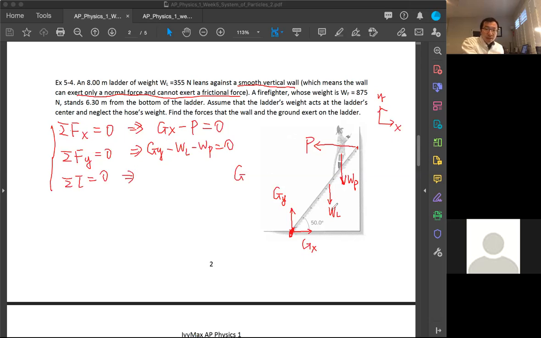So first is the torque generated by WL. So we need to use that distance. I'll say that is L1, and this is L2.